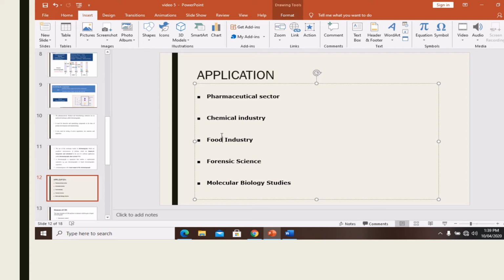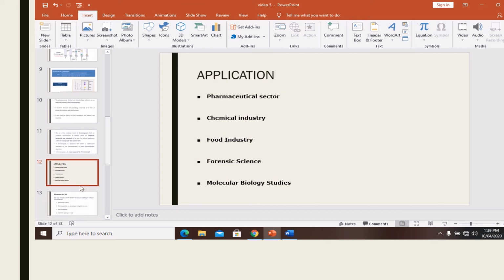It is used for protein separation, like purification and plasma fractionation, and in various departments like the fuel industry, biotechnology and biochemical processes. So these are the applications used in a number of sectors.